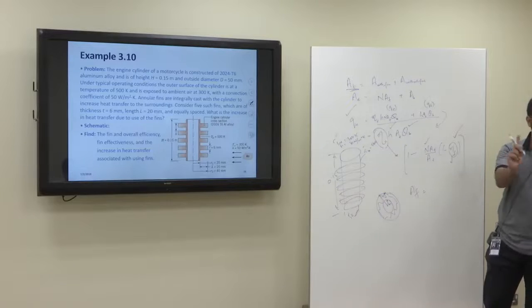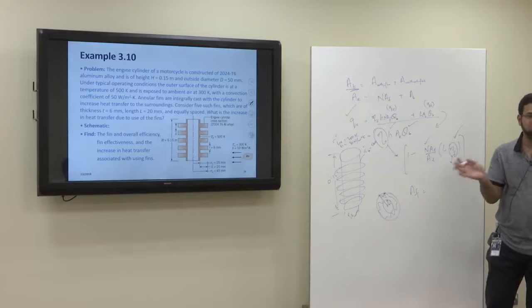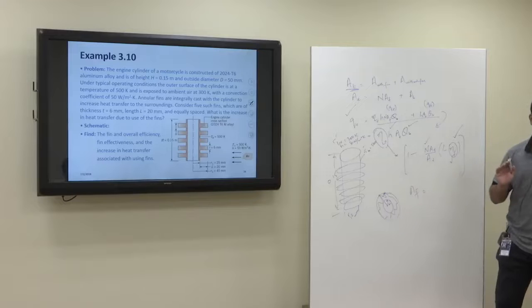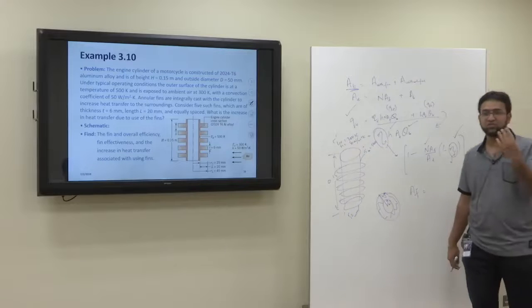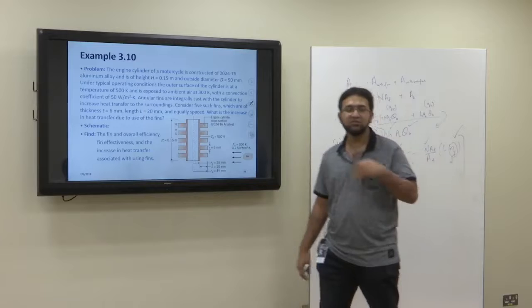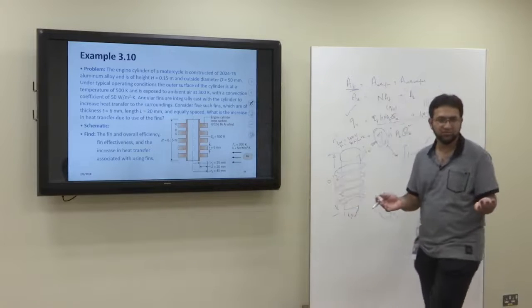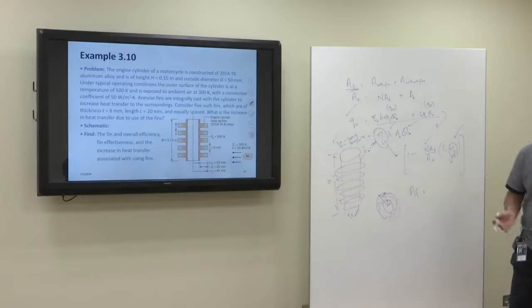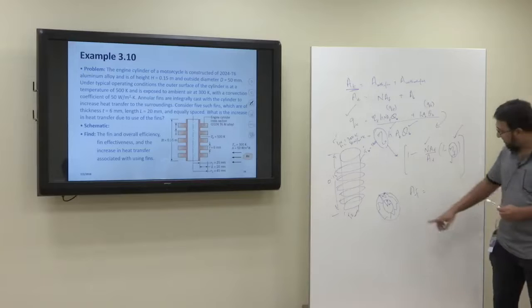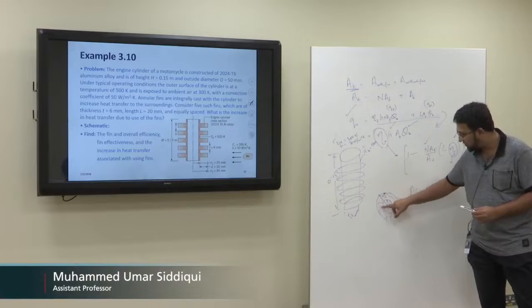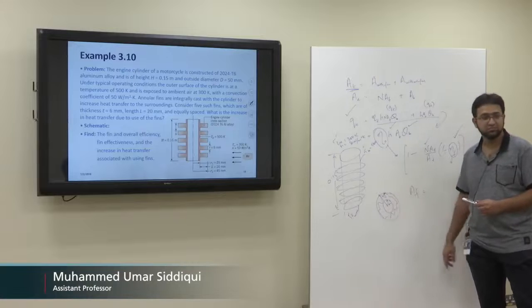The circumference you can ignore, because changing R2 to R2C is supposed to take care of the heat transfer for the tip. Is it clear?